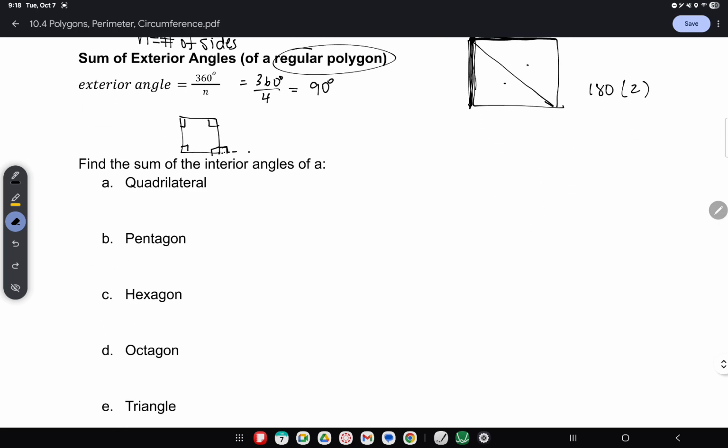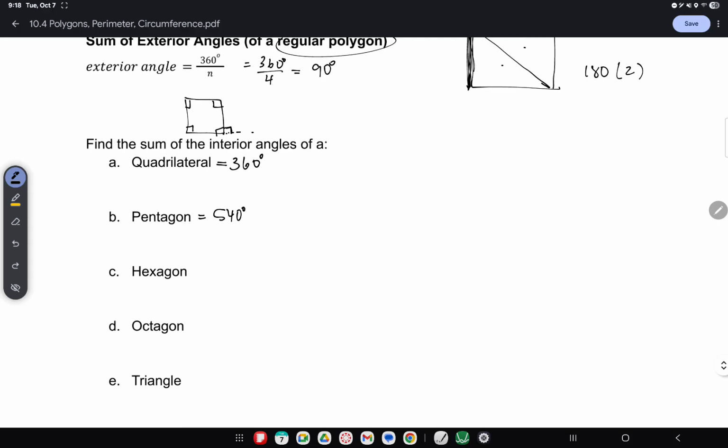So a quadrilateral, we did the formula earlier, and we get 360 degrees. A pentagon, I started it, but I didn't finish it. So that was 3 times 180. So that's 540 degrees.